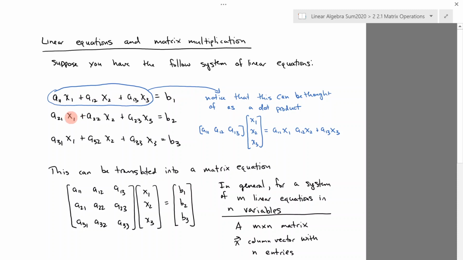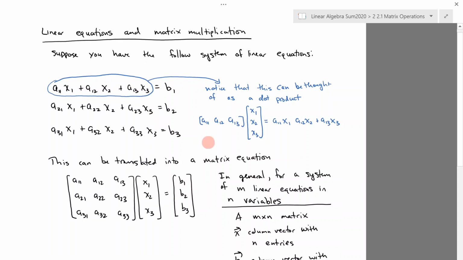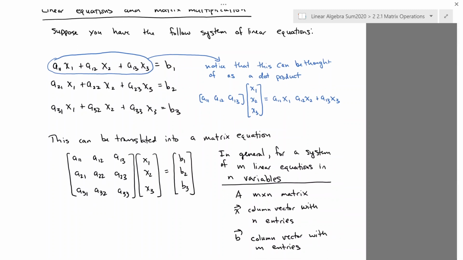And you can say the same thing about the other equations, right? The second equation is also the dot product of the corresponding coefficients with the variables x, and the same thing for the third row. If you put together these individual dot products, you can translate it into the following matrix equation.